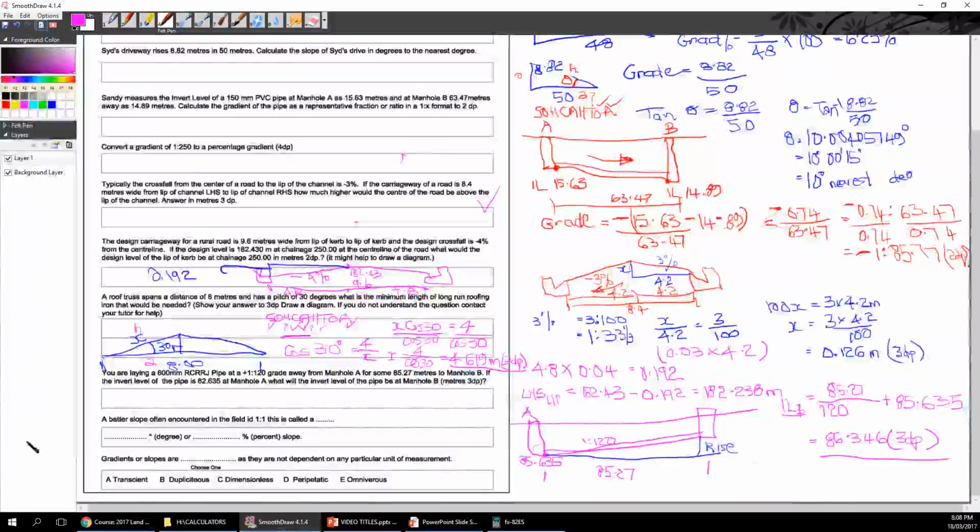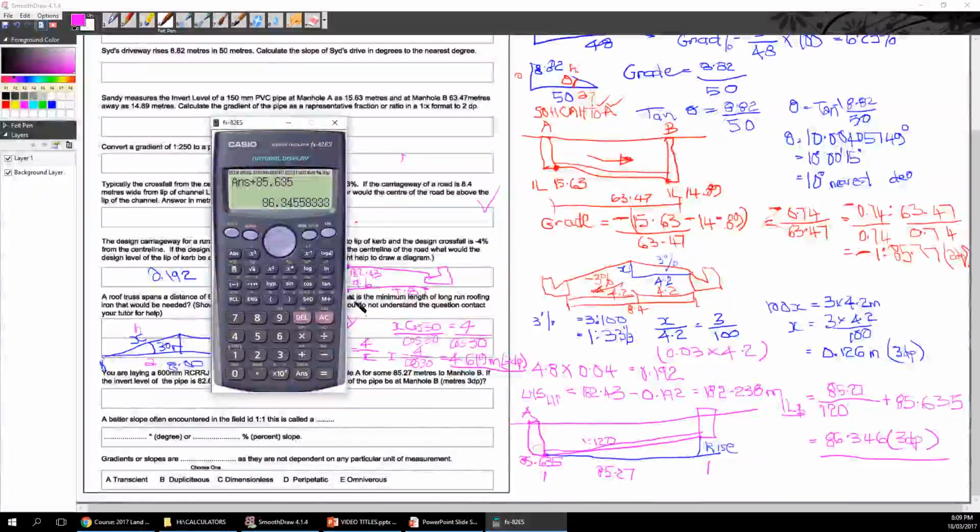Let's just check that with our calculator. Yep. All clear.